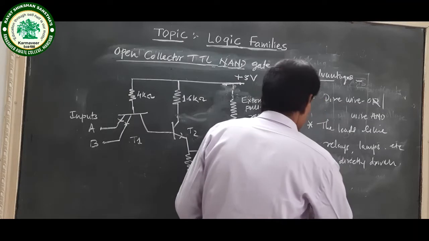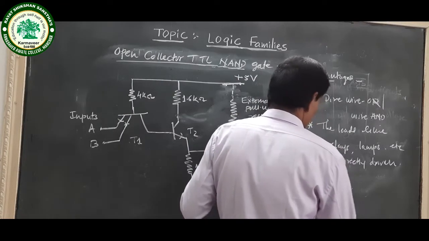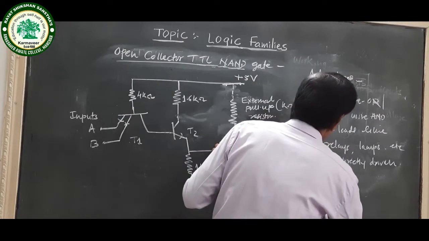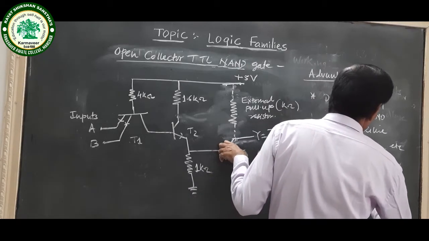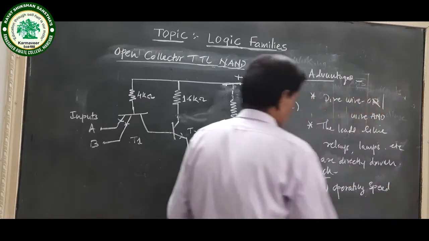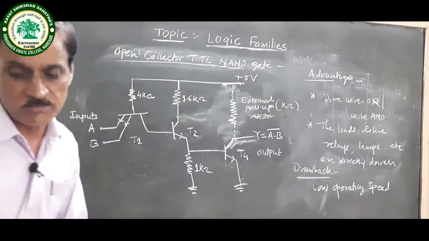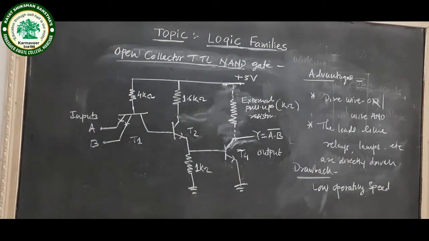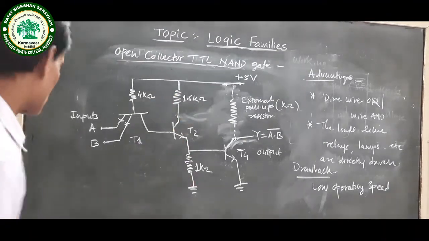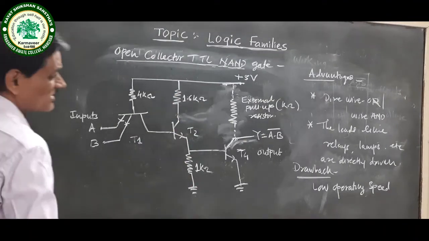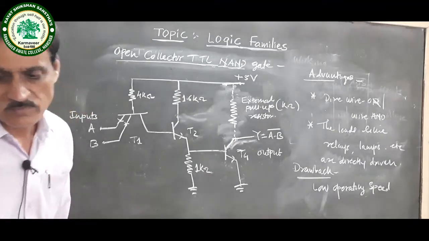The drawback is that these devices have low operating speed as compared to totem pole devices. I think this information is sufficient as far as open collector TTL devices are concerned.